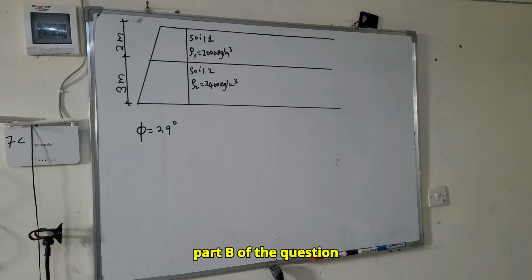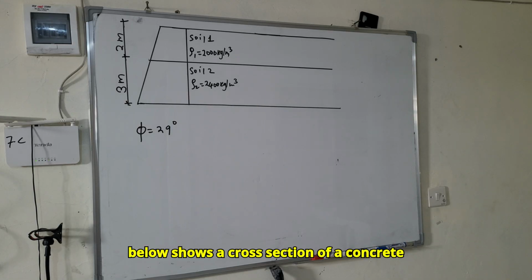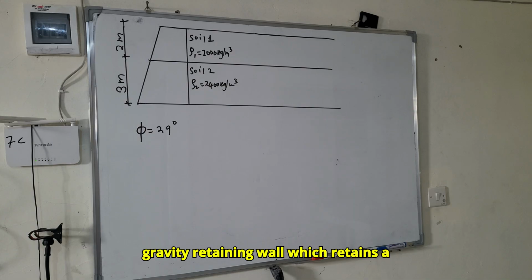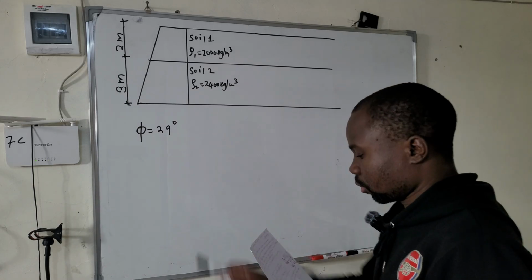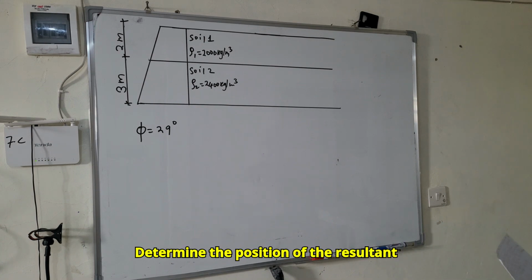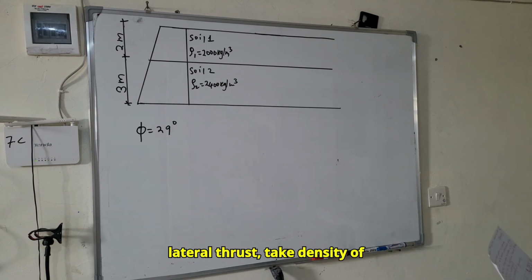Part B of the question reads, the figure below shows a cross section of a concrete gravity retaining wall which retains a cohesionless soil of two different densities whose angle of repose is 29 degrees. Determine the position of the resultant lateral thrust.